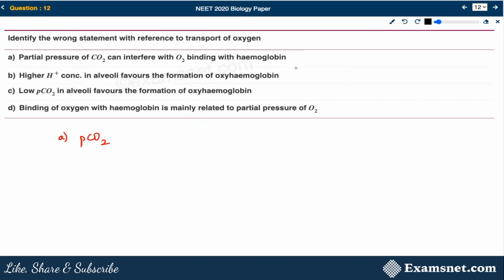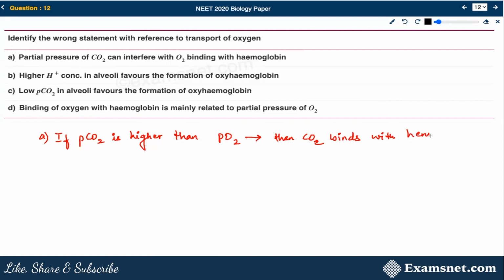This is a correct statement, because if the partial pressure of carbon dioxide is higher than the partial pressure of oxygen, then definitely carbon dioxide will bind with the hemoglobin. So definitely it is going to interfere.